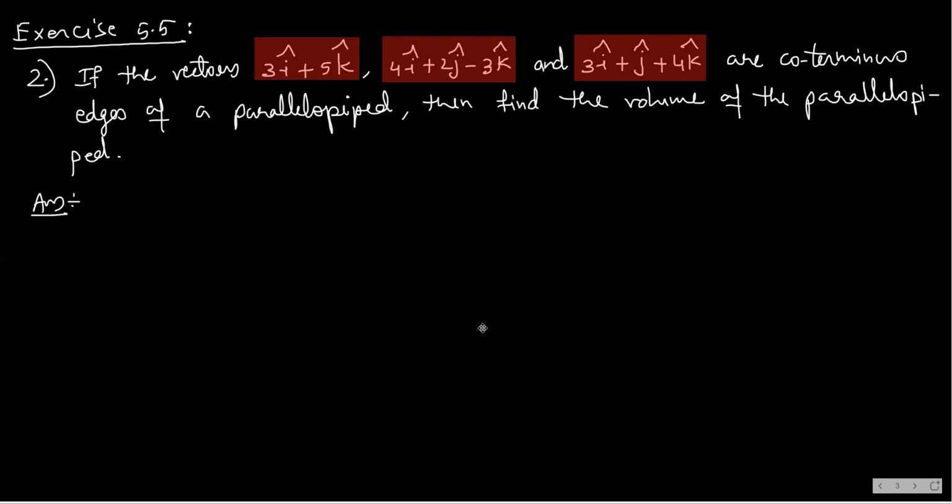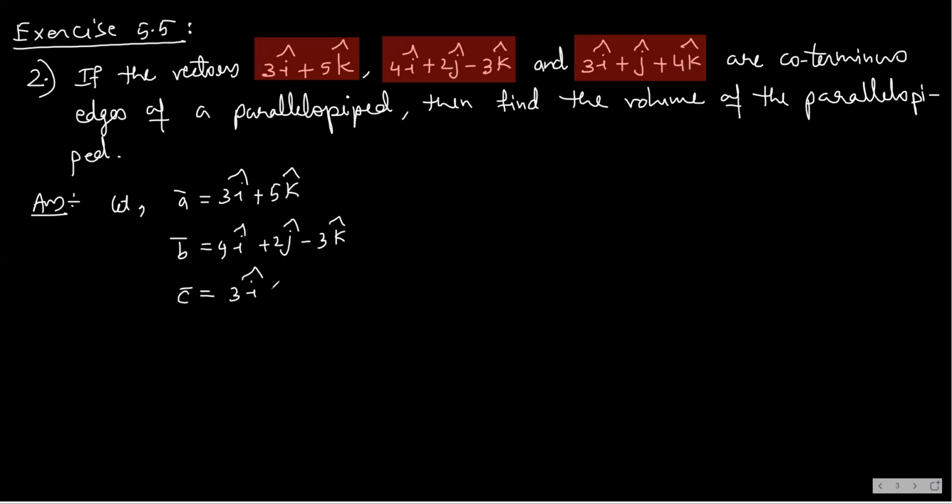If you're writing the answer in detail, for suppose your board exams, then you will have to write like this. Let A bar be the first vector, 3i cap plus 5k cap. Then B bar be the second vector, 4i cap plus 2j cap minus 3k cap, and C bar the third vector, 3i cap plus j cap plus 4k cap.